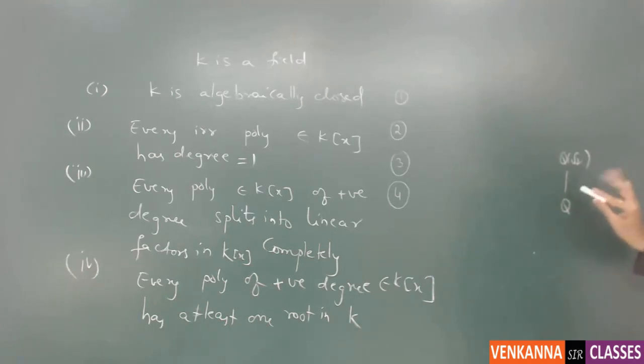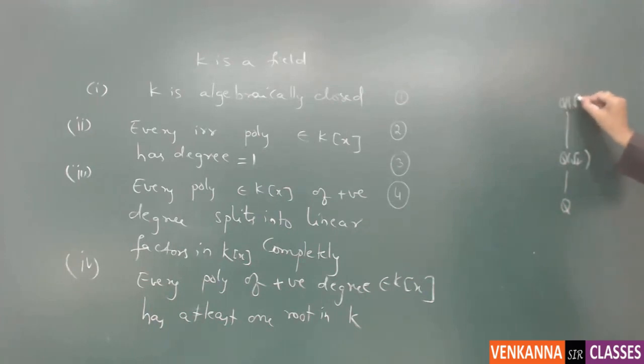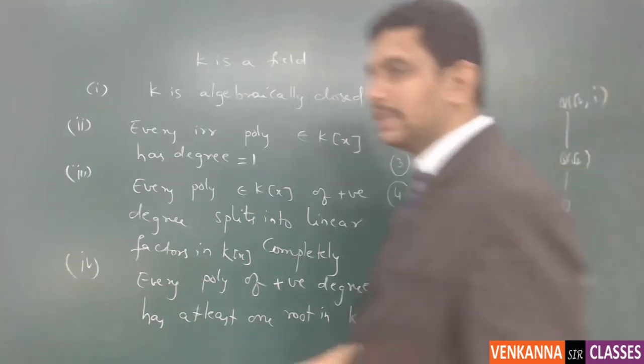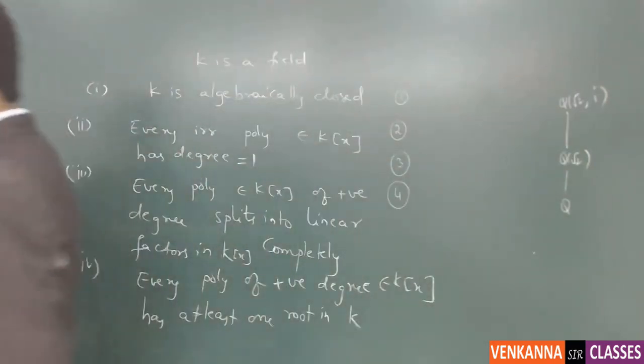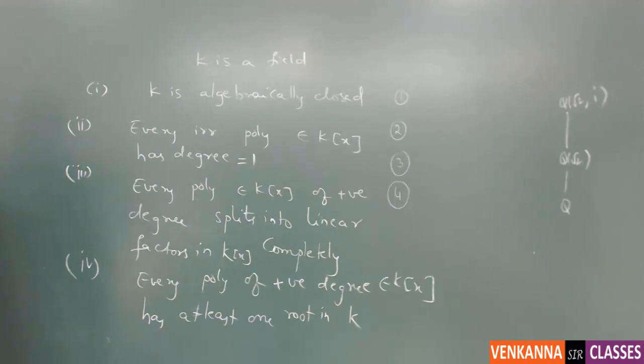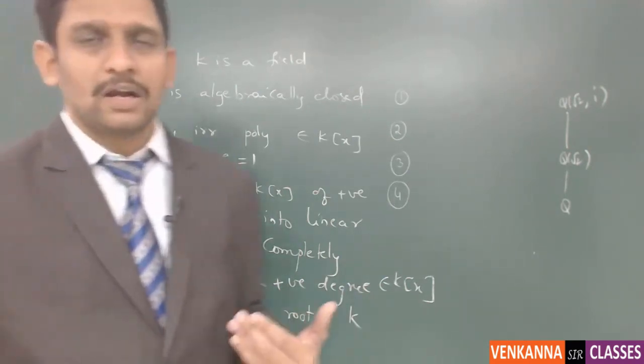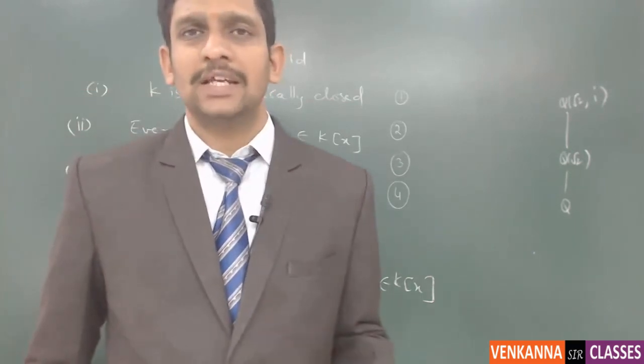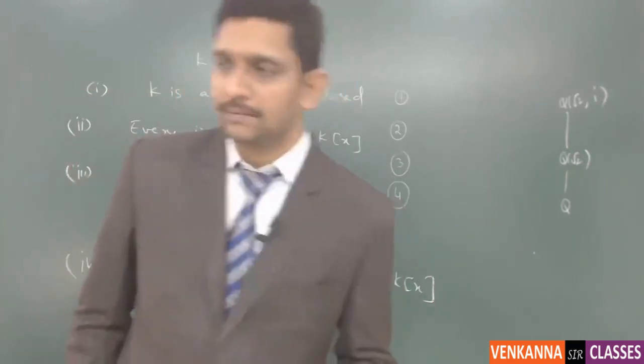For this one, further extension is possible, isn't it? So it cannot be algebraically closed. Say yes or no. So a splitting field or normal extension, we cannot say that it is algebraically closed.